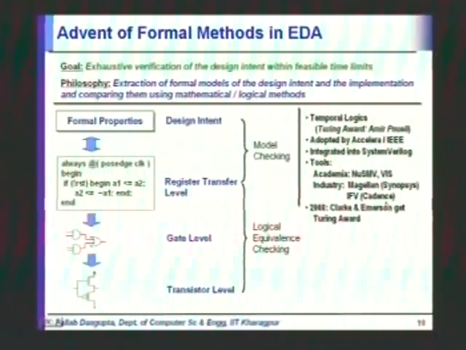These are very powerful formal verification tools. And this year, Clarke and Emerson and Sifakis, I missed the third name, they got the Turing Award for their contributions on model checking, or the formal methods for checking the correctness of properties on the implementation.